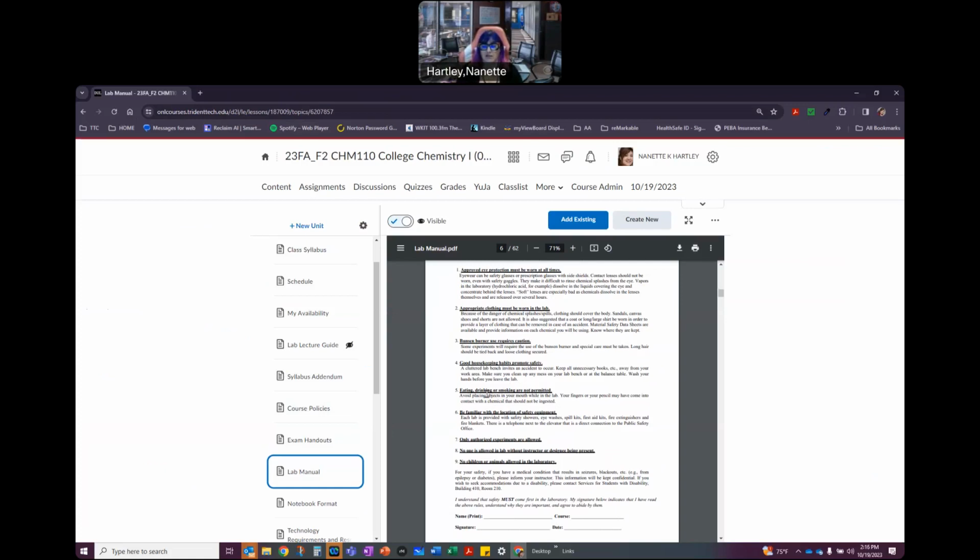Good housekeeping, I won't dock you for not doing good housekeeping. I won't. If you want to leave stuff a mess and not labeled and whatever, that's entirely up to you. I will tell you that that is a really bad idea. And the reason that I say that is that if you're ever inspected by OSHA and you have a beaker that has chemicals in it that has not been labeled, it is $10,000 per incident per day.